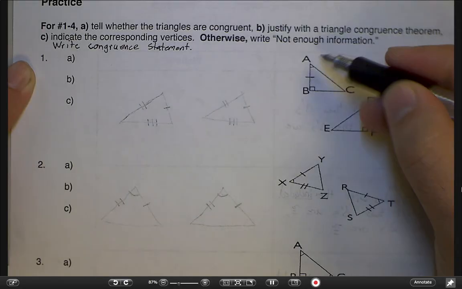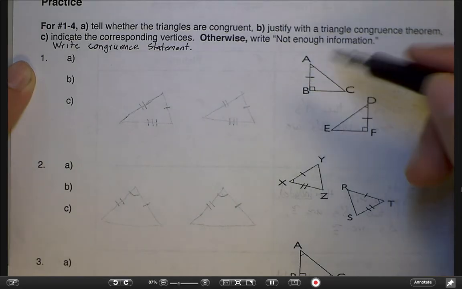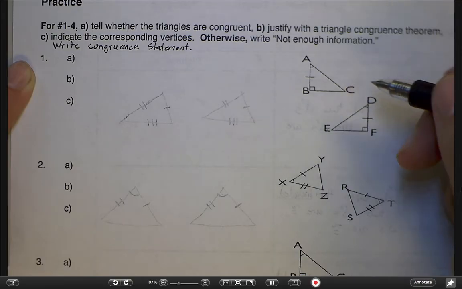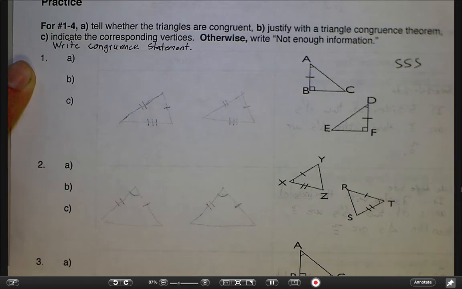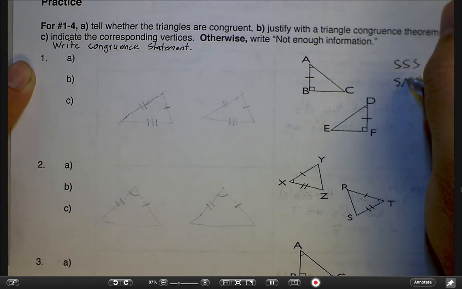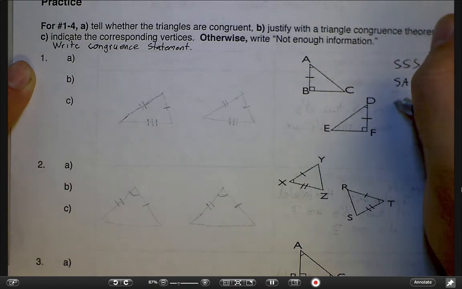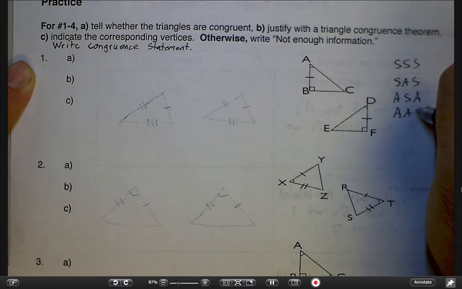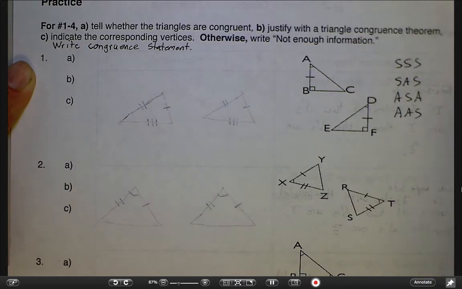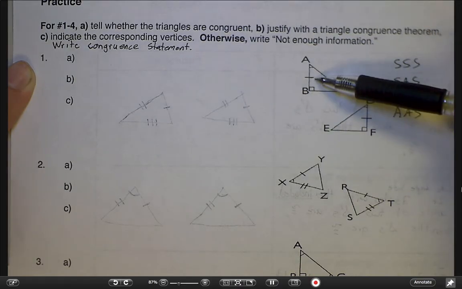Okay, so if I look now, I have 2 angles and a side, and if I go back to the front, we had our 4 theorems. Actually, over here on the side, I'm going to list them. We had side, side, side. We had side, angle, side. We had angle, side, angle. And we had angle, angle, side. Okay? If I look right now, I have 2 angles, and I have a side in between.